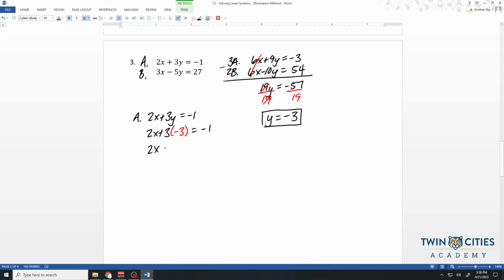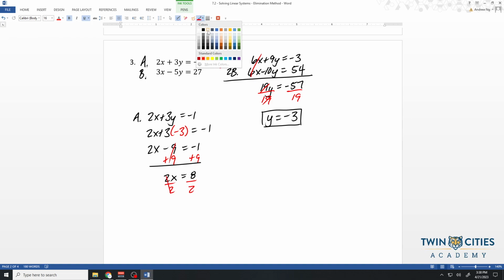So 2x minus 9 is equal to negative 1. Add 9 to both sides. 2x is equal to 8. And dividing by 2, we've got x equals 4.